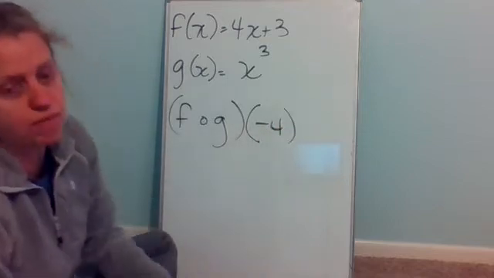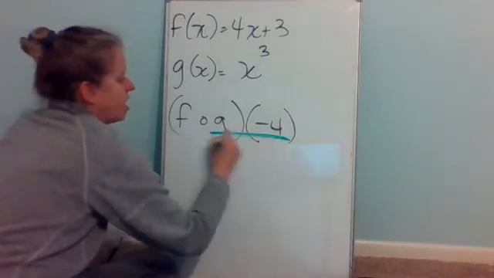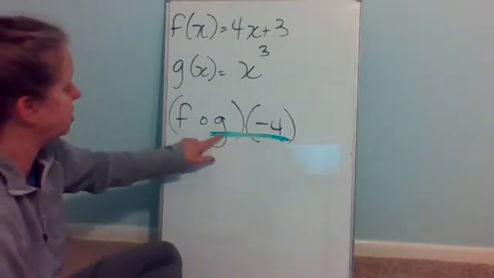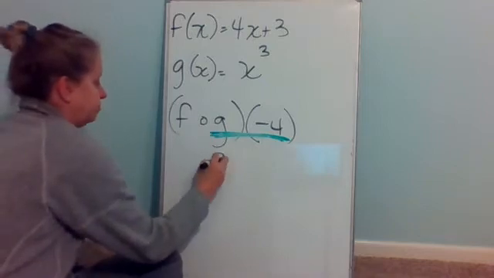So remember, when we were finding the composition of functions, this is what we always looked for first, whatever was on the inside. So the first thing you're going to do is find g of negative 4.